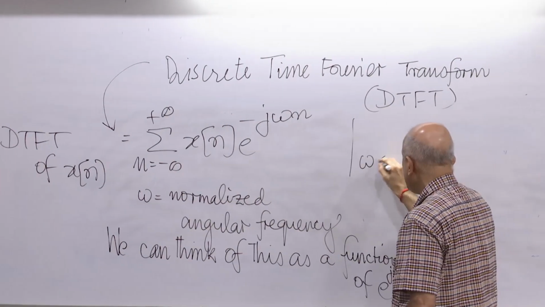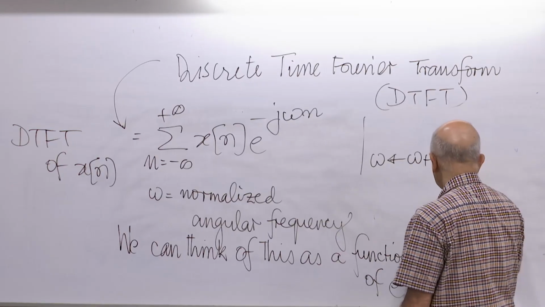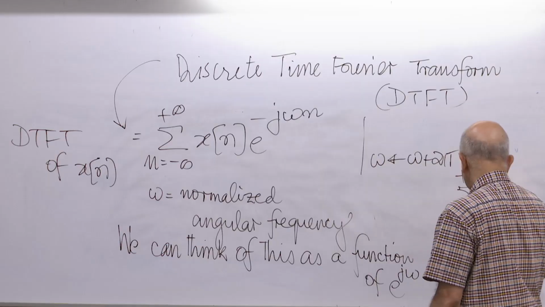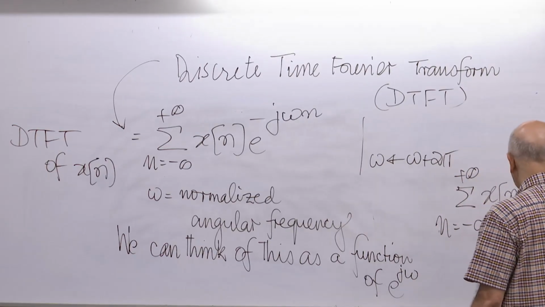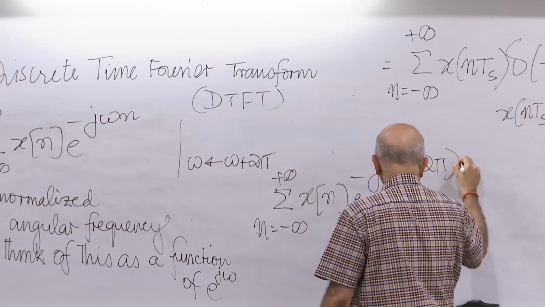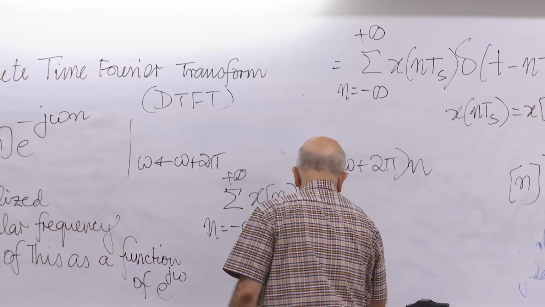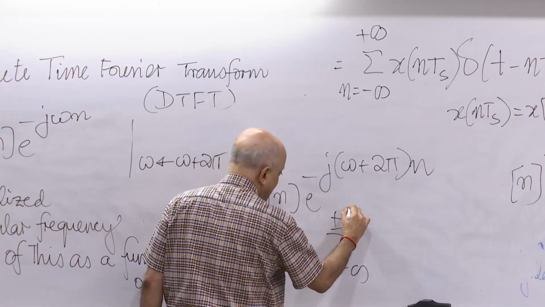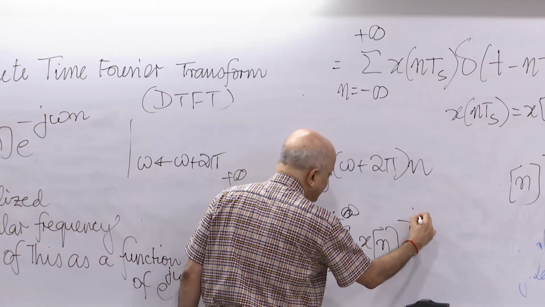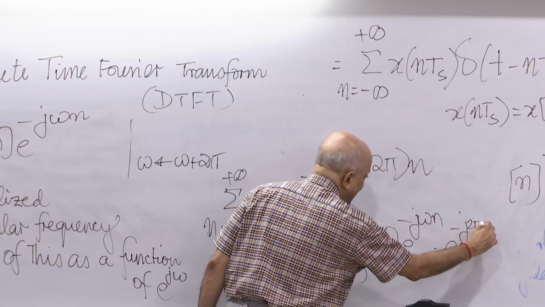If you replace omega by omega plus 2 pi, what do you get? You get summation n going from minus to plus infinity xn e raised to the power minus j omega plus 2 pi into n, which is summation xn e raised to the power minus j omega n into e raised to the power minus j 2 pi n.